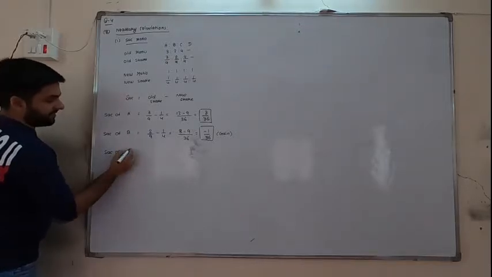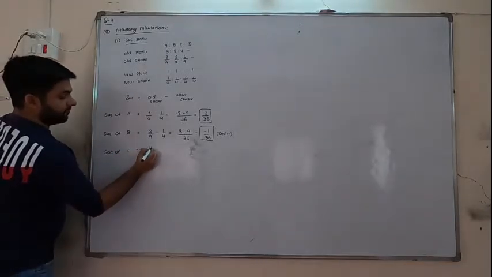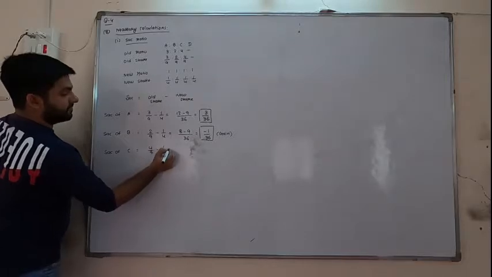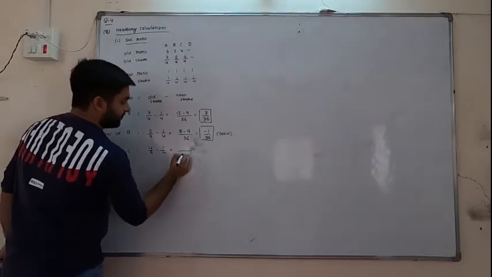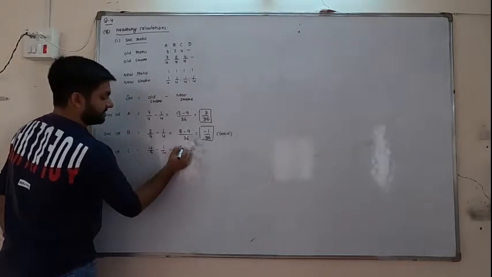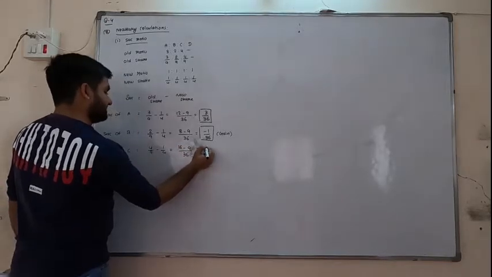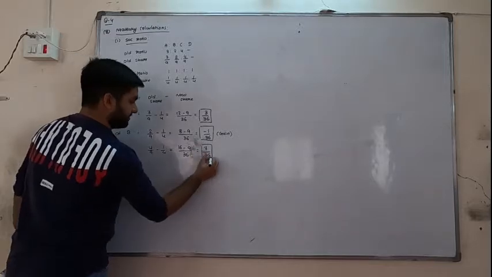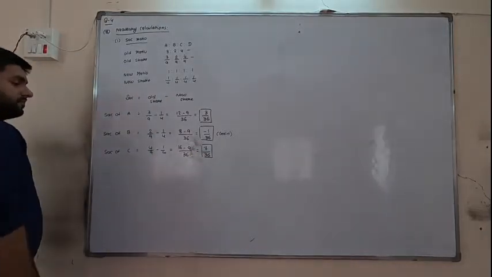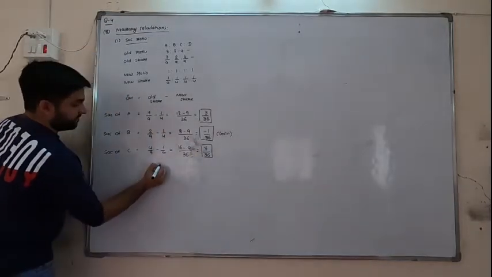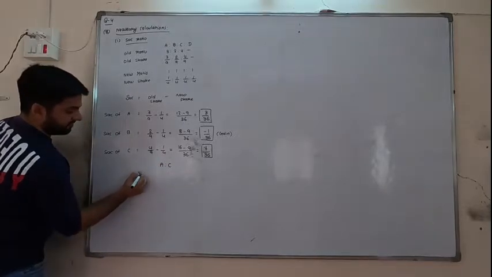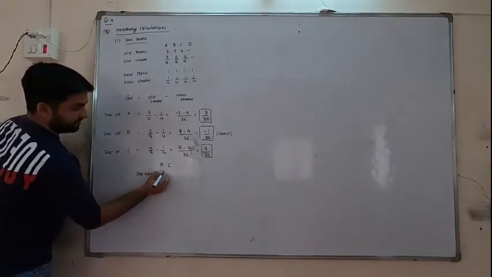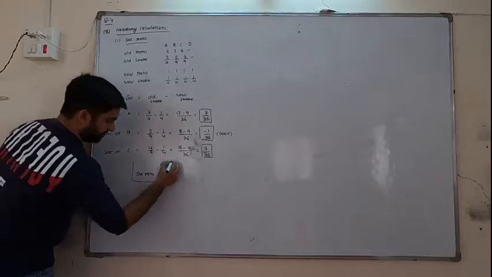So now sacrifice of C: 4/9 minus 1/4. 9 4s are 36, 4 4s are 16, 9 1s are 9. 16 minus 9, 7/36. Okay, so A to C sacrifice ratio is 3 is to 7.